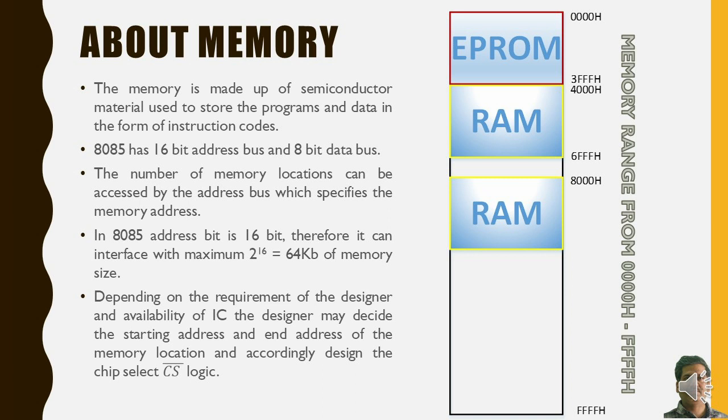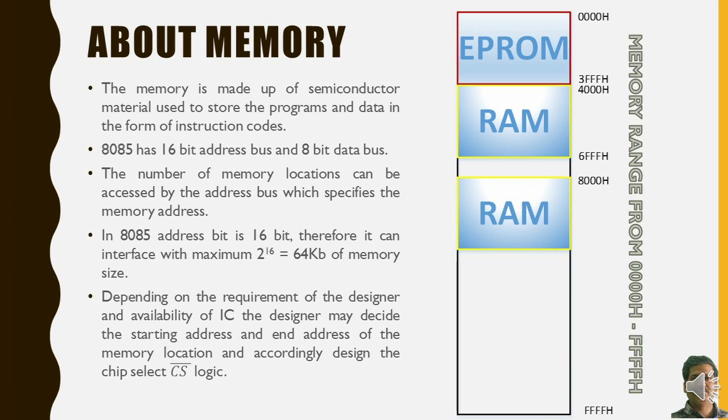He can also use 1 KB, 4 KB, 8 KB and like that memory locations, and he can decide the starting address and end address of that particular memory location. For example, in this particular case, the address range of the EEPROM is from 0000 to 3FFFH.